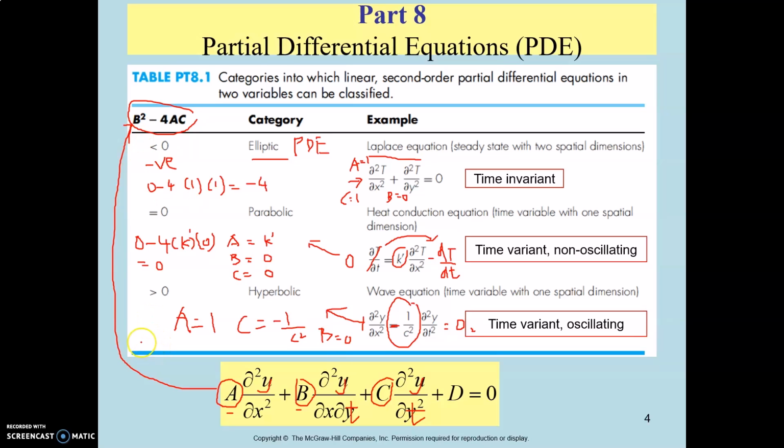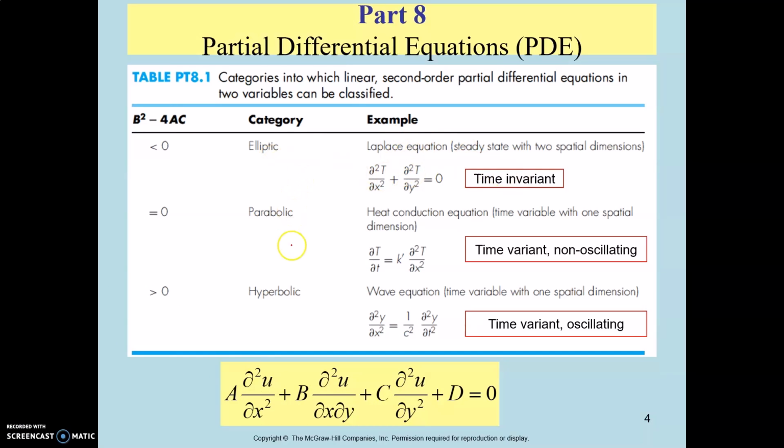So when you substitute inside, you get 0 minus 1, and your c is negative. So negative becomes positive, you get 4 over c squared, which is greater than 0. So this is hyperbolic case.